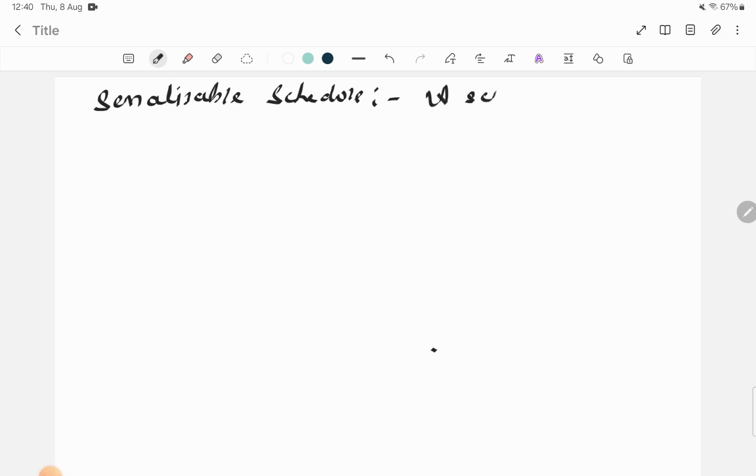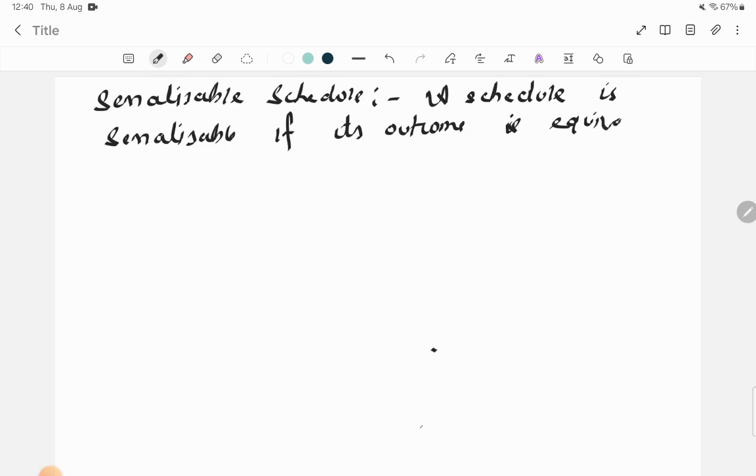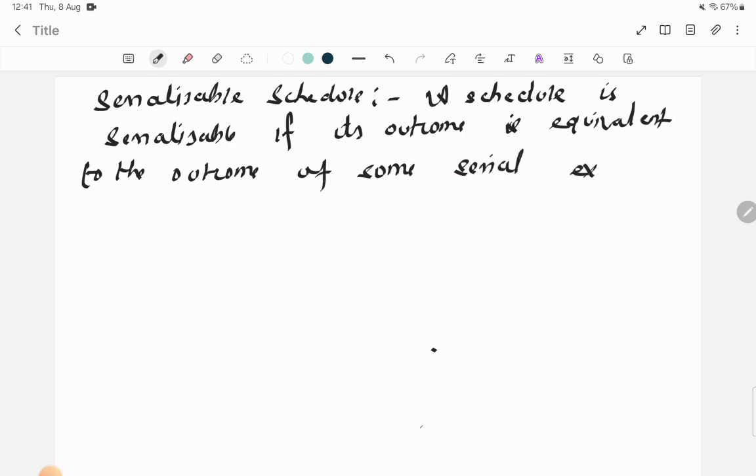A schedule is serializable if its outcome is equivalent to the outcome of some serial execution of the transactions. What this means is, suppose we have a schedule, and the outcome of this schedule is very similar to that of a serial schedule. So what is a serial schedule? First, let us know that.